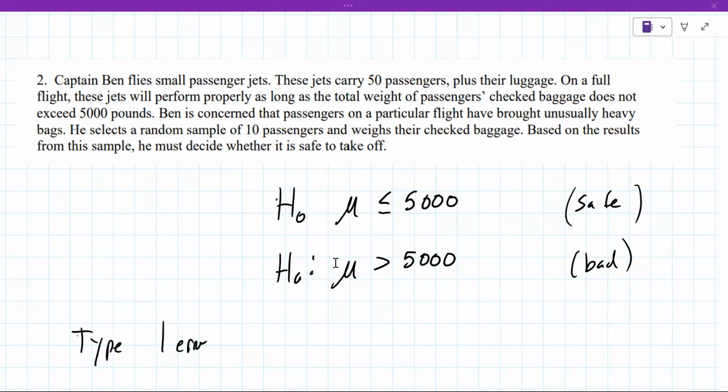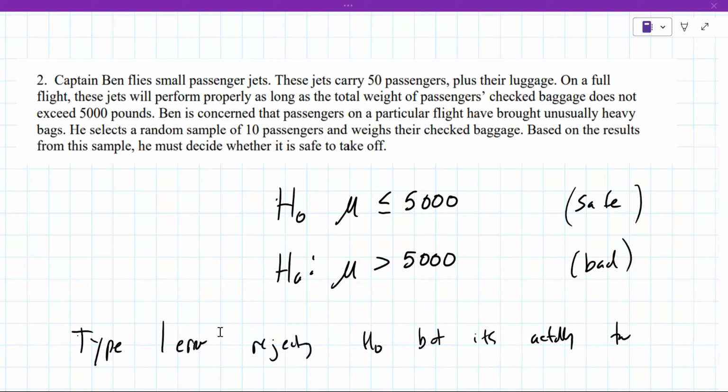But is he justified in doing that? He's rejecting H0, but it's actually true, meaning the weight of the plane is actually less than 5,000.